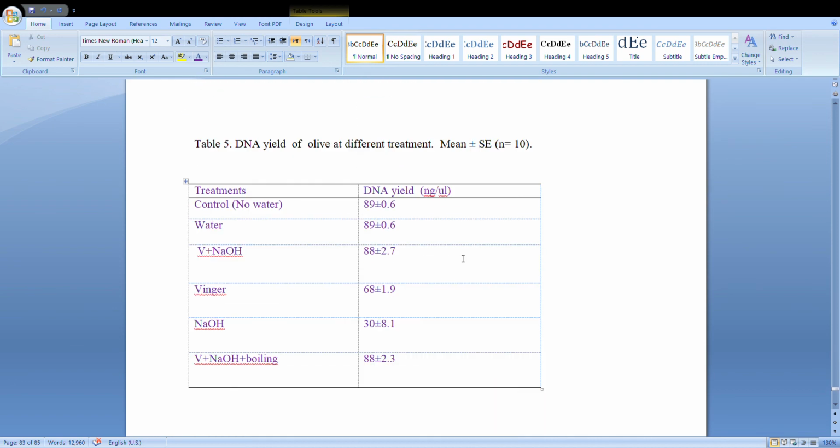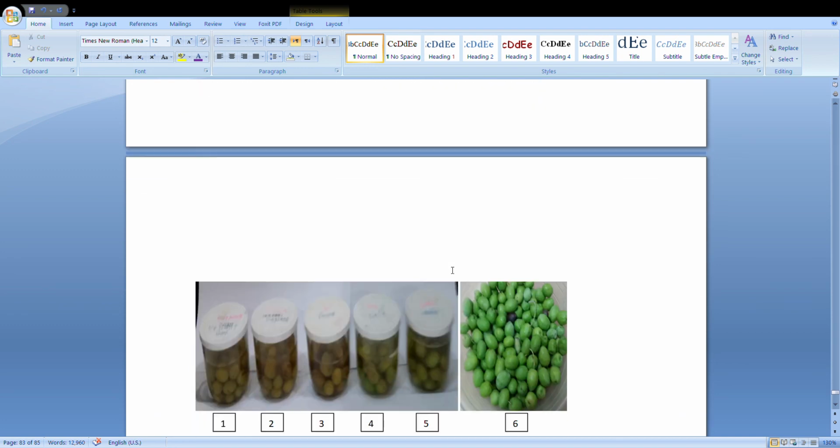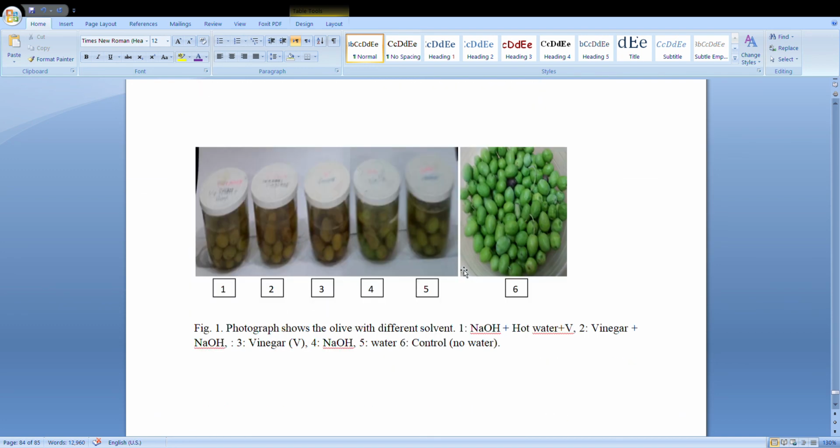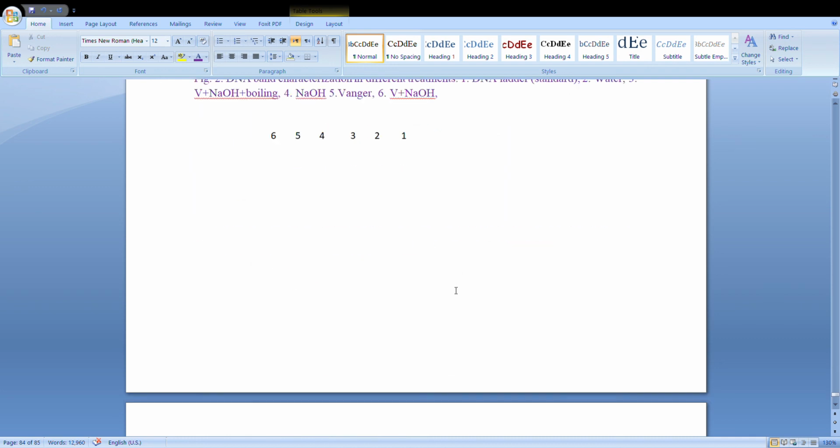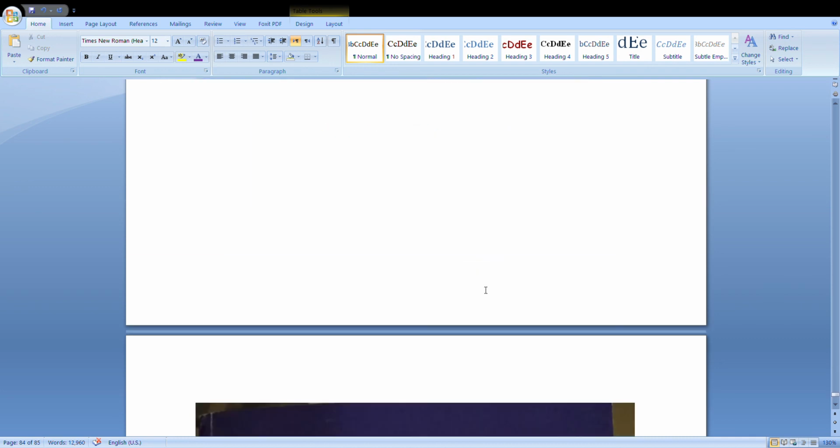And here also you can see different types of DNA yields, for all the different treatments, numbered 1, 2, 3, 4, 5, 6.